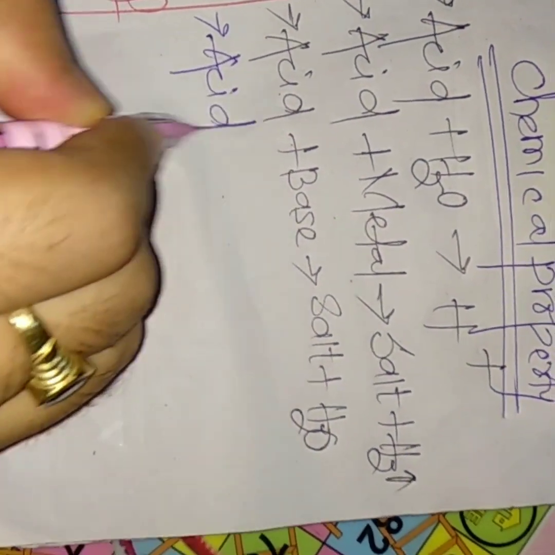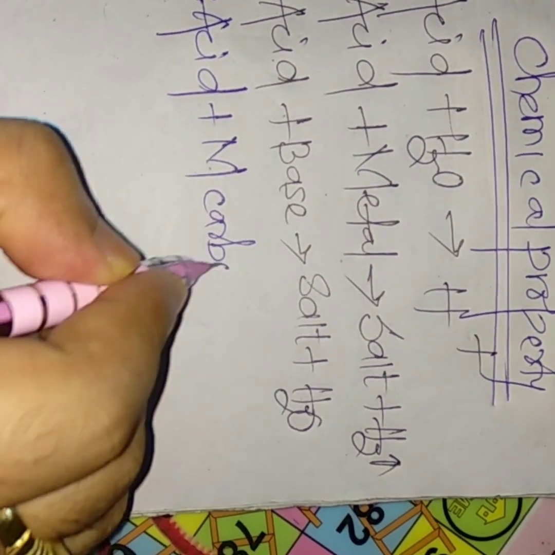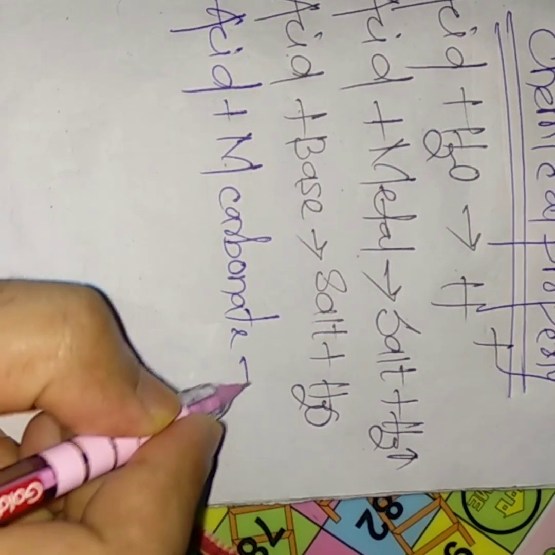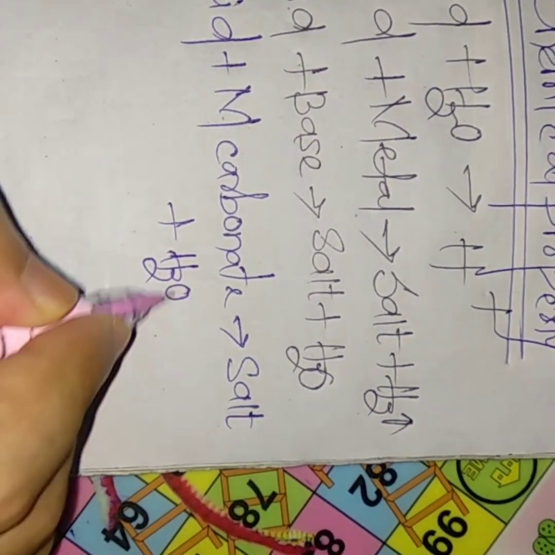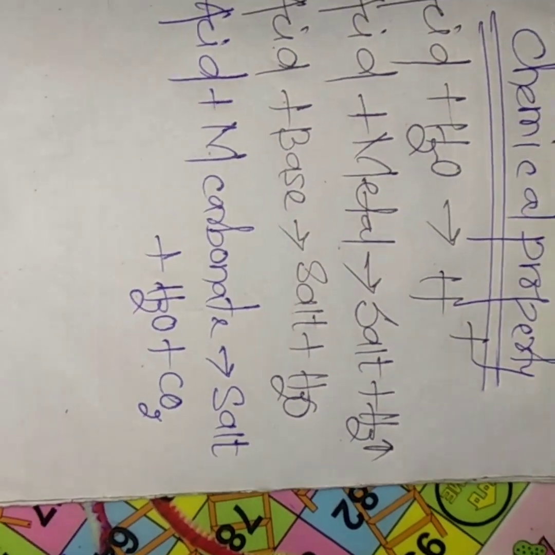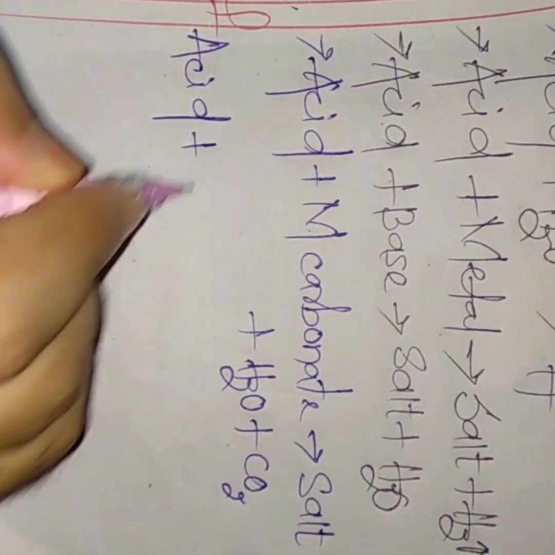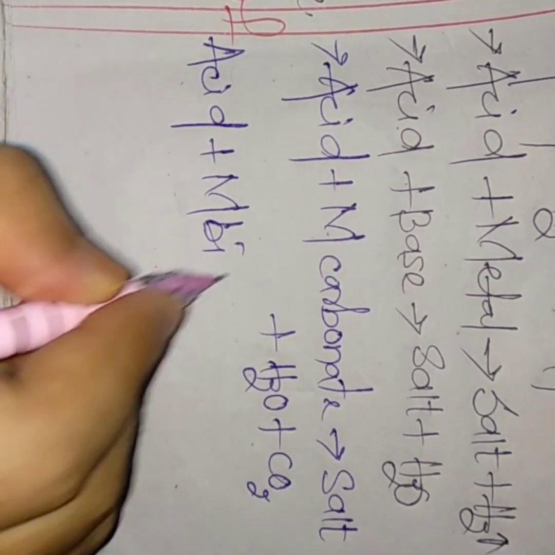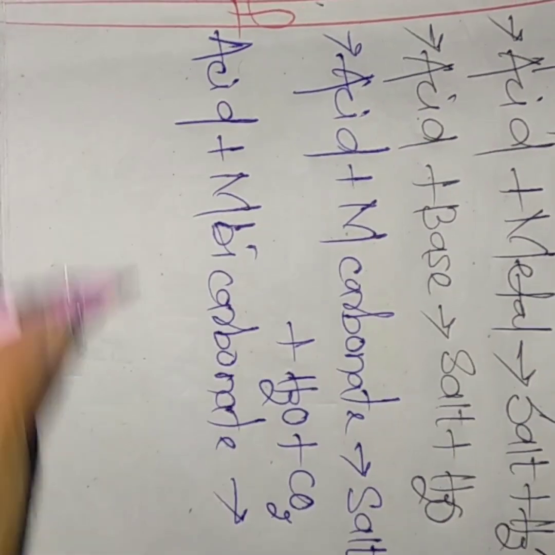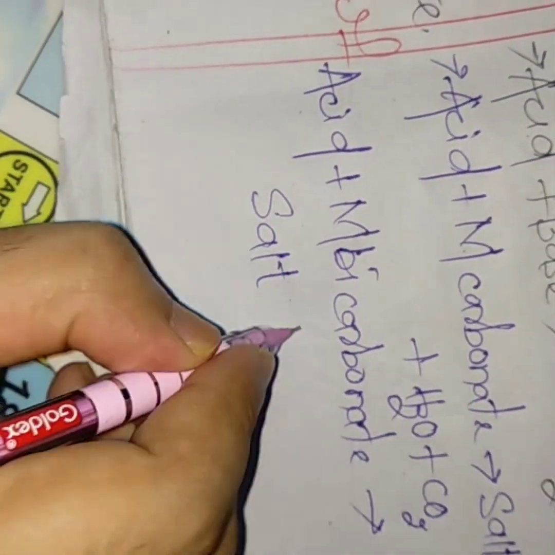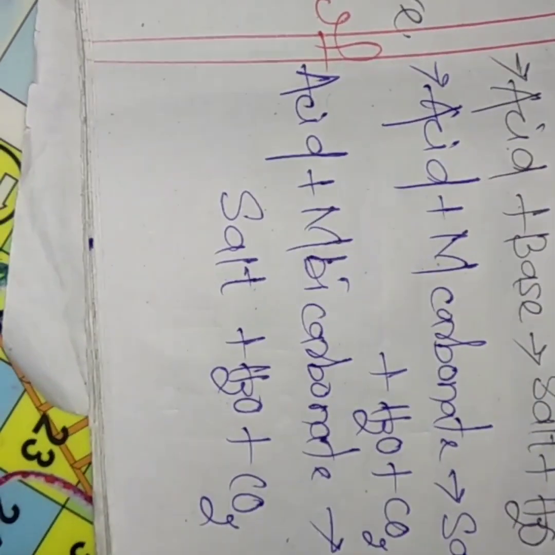And when acid reacts with metal carbonate, it will give you salt, water and carbon dioxide gas. And when acid reacts with metal bicarbonate, it will give you salt plus water plus carbon dioxide gas.